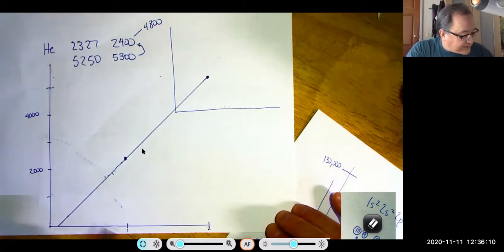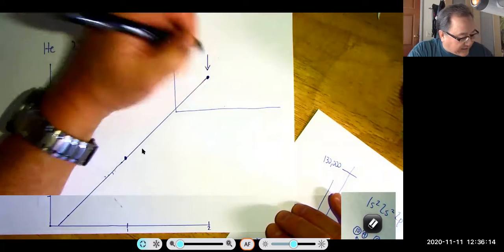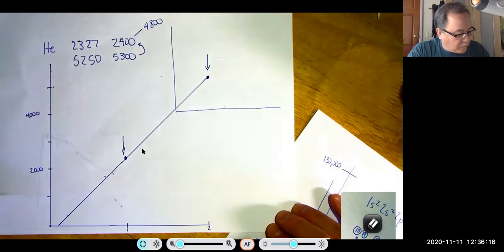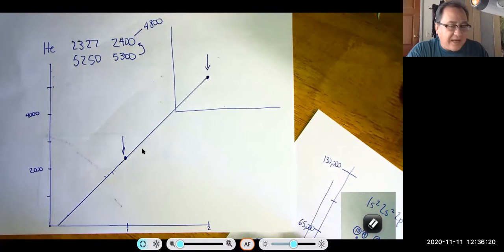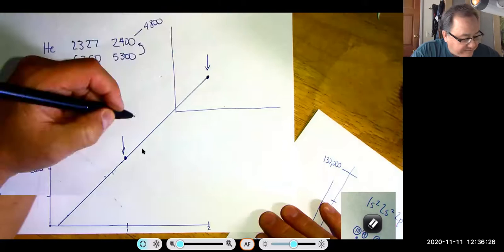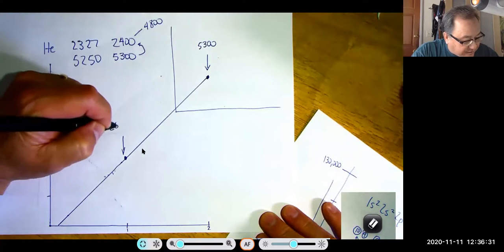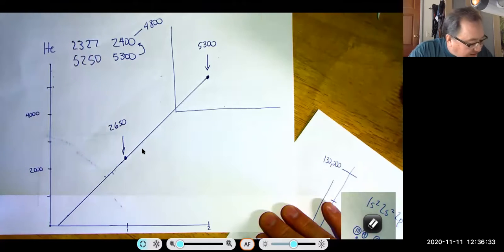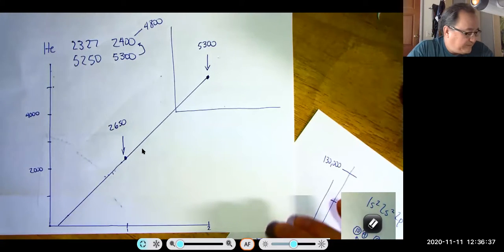So why does it take more than twice the energy to take this guy compared to that guy? Why isn't it 4800? And another question could be this: if this is 5300, why isn't this 2650, which would be half? Why is this guy a little easier to take than it should be?